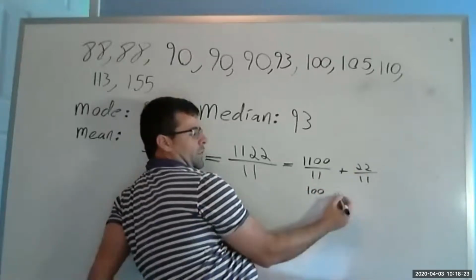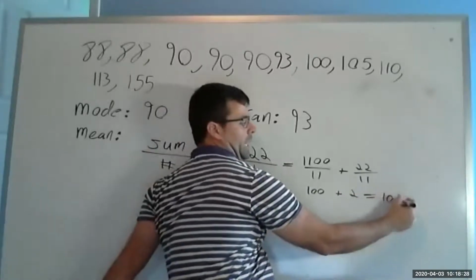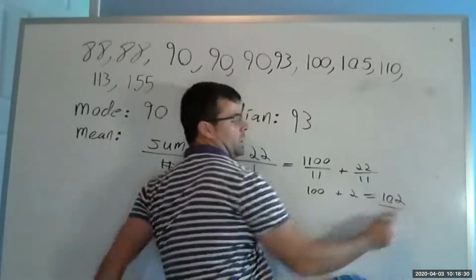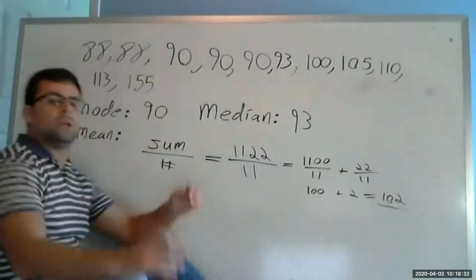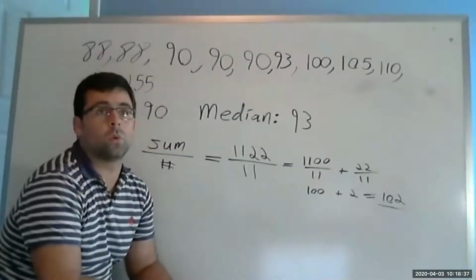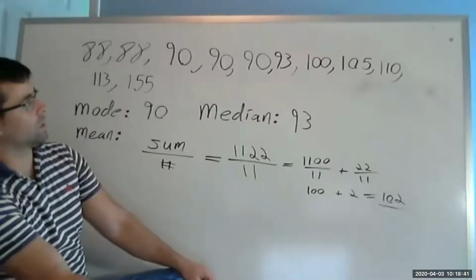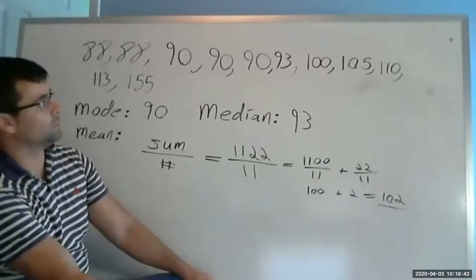And then 22 divided by 11 is 2. And you are correct. The mean is 102.